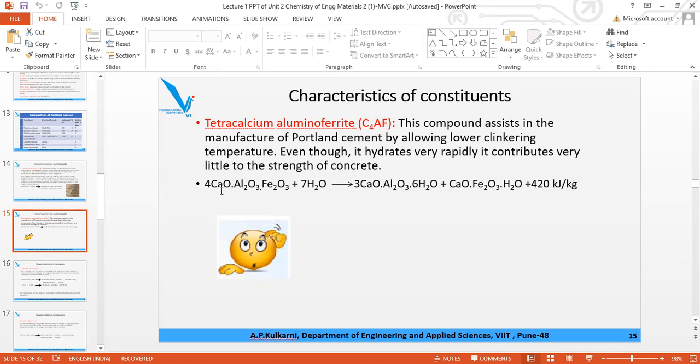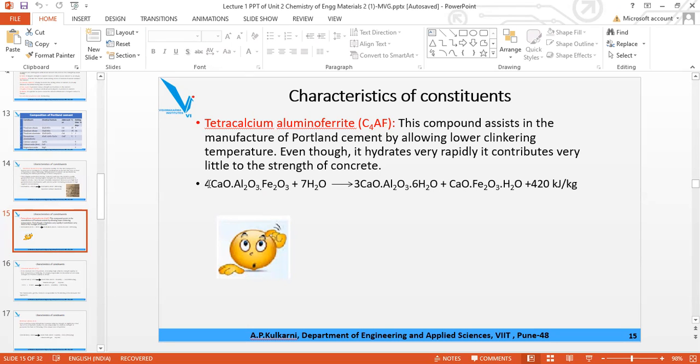Out of 4 CaO, 3 are used here: 3CaO·Al2O3, Fe2O3 is not used, and out of 7 water molecules, 6 are used: 3CaO·Al2O3·6H2O. So what is remaining? 1 CaO, Fe2O3 and H2O are remaining. That is your other product, CaO·Fe2O3·H2O, and the heat evolved is 420 kilojoule per kg.